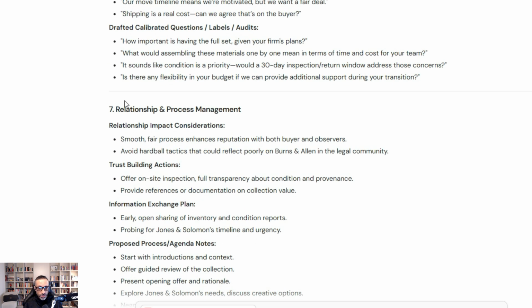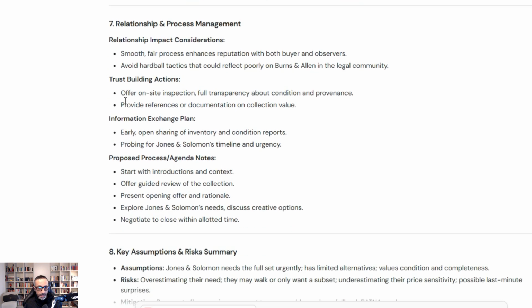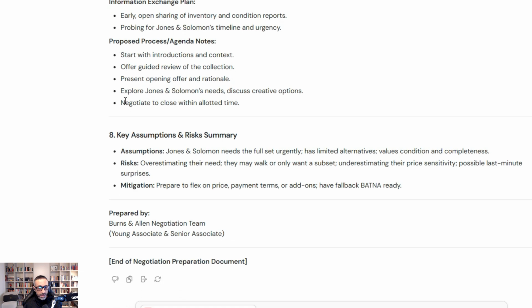And then there are relationship and process management considerations: how the relationship impacts the negotiation, trust-building actions, for example, offer on-site inspections, provide references, and key assumptions and risks: overestimating their need, they may want only a subset, underestimating the price sensitivity, mitigation, and everything.